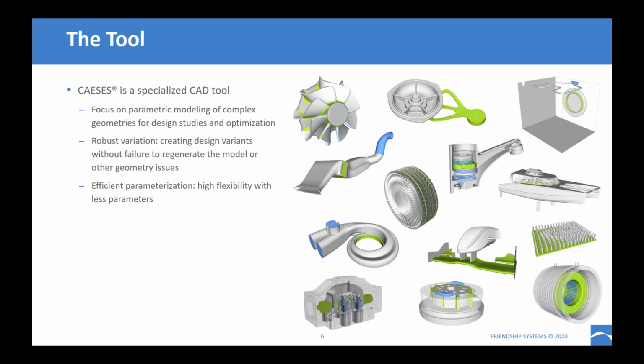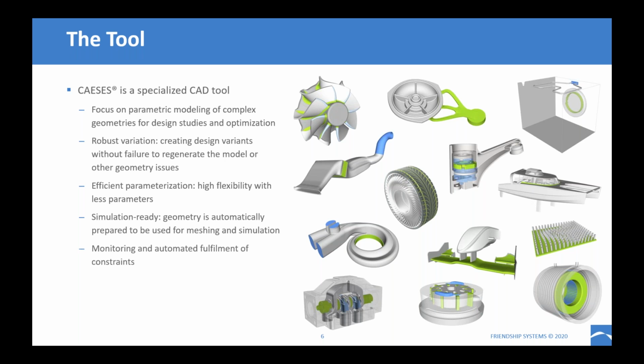I mentioned this point before. When we parameterize these geometries, we would like an efficient way of doing so, with high flexibility for variation but with fewer parameters than might be needed in other systems, or at least as few parameters as possible. We want the geometry to be simulation ready, and we're able to provide a geometry that is automatically prepared for the downstream meshing and simulation processes.